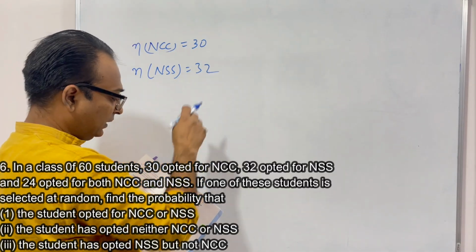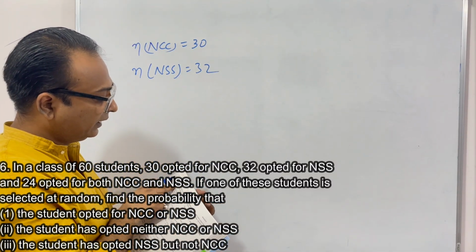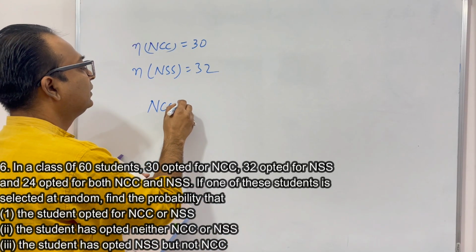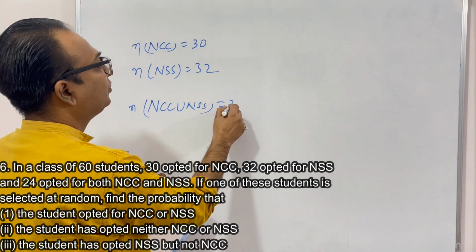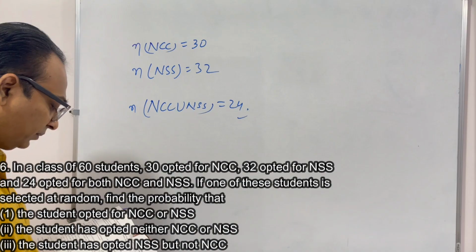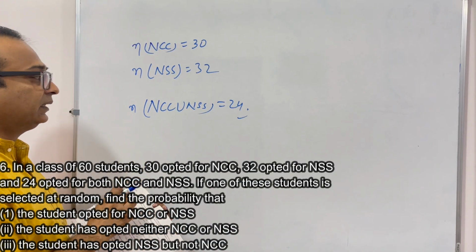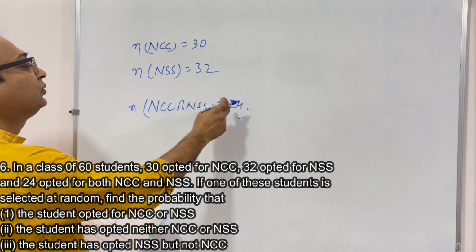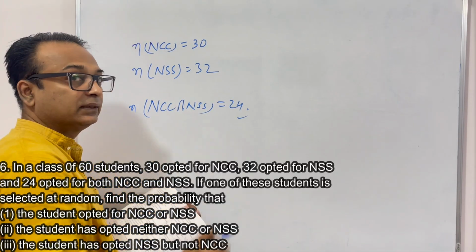And 24 opted for both NCC and NSS. So this will be the intersection. That is, 24 students are both in NCC and NSS.